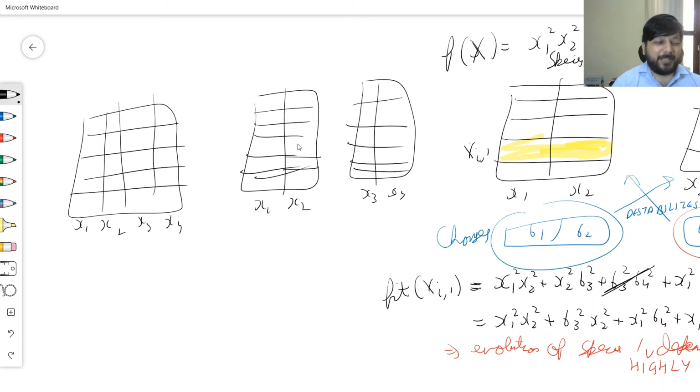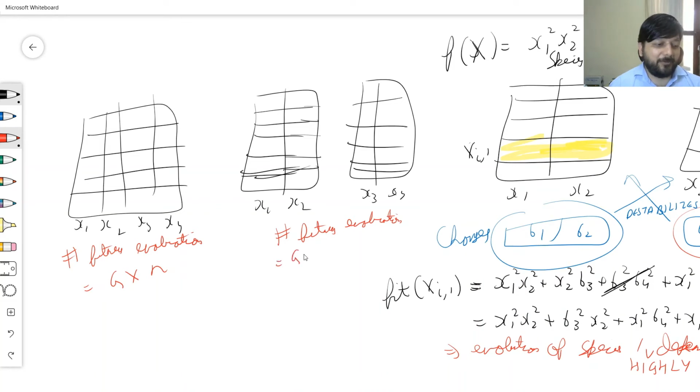That's why if the problems are not nearly independent and you solve it by using coevolution, you can make a mess of everything. And in the previous case, the number of fitness function evaluations was the number of generations times n, and here it was the number of generations times n times the number of species.